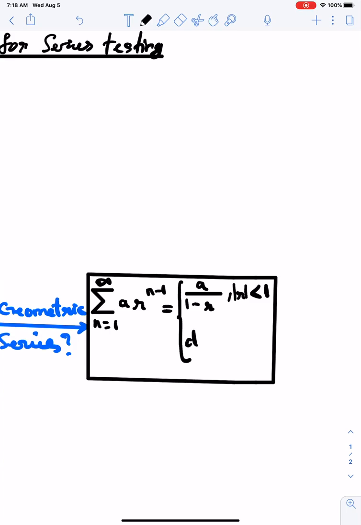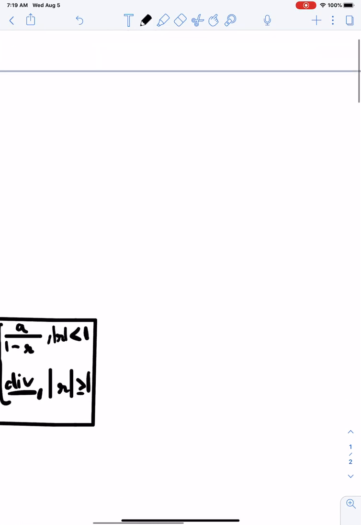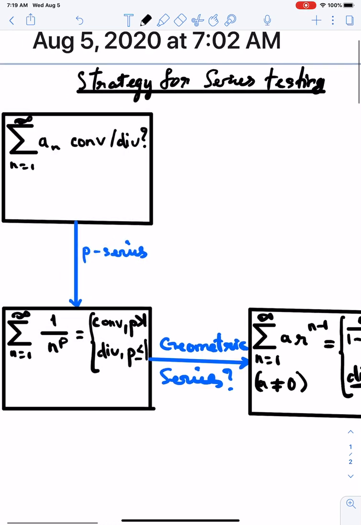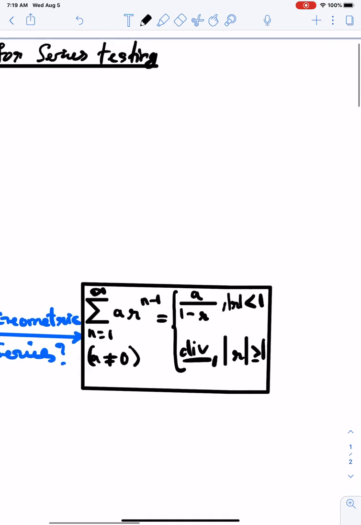It's going to be divergent if the absolute value of r is bigger than or equal to 1. Here we're going to assume that a is non-zero. If a is 0, it's not very interesting, is it? You're going to be adding a bunch of 0. So if you're a p-series, you're done. If you're a geometric series, you are done as well.